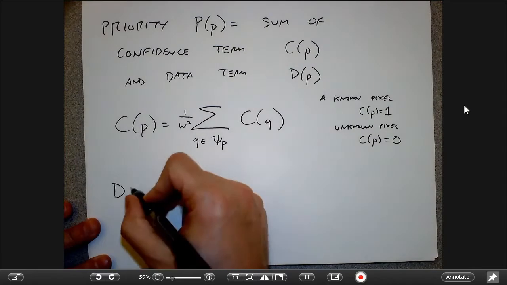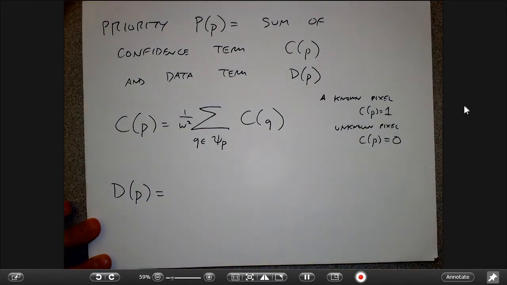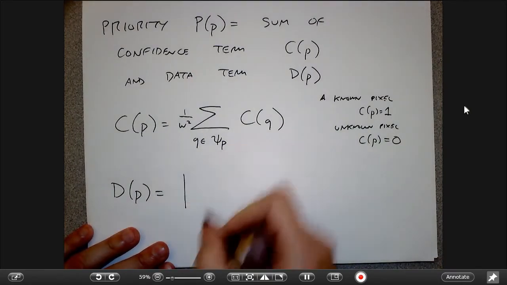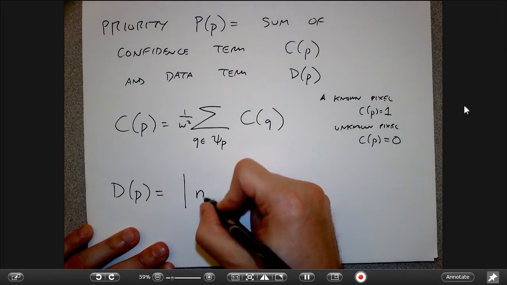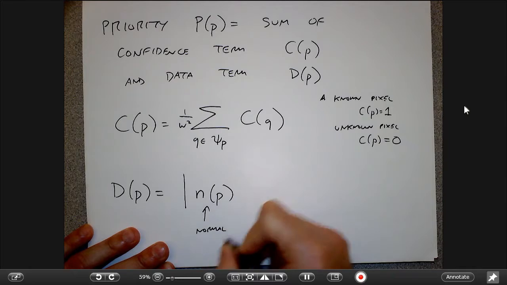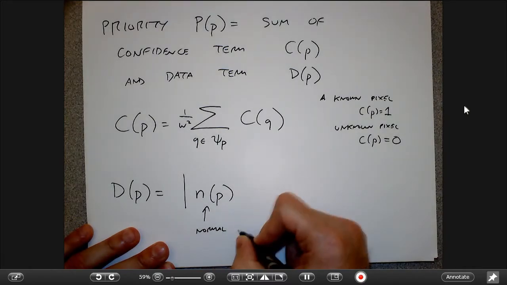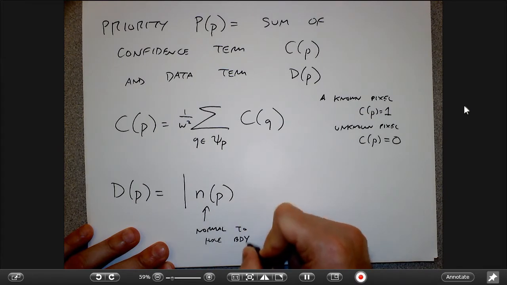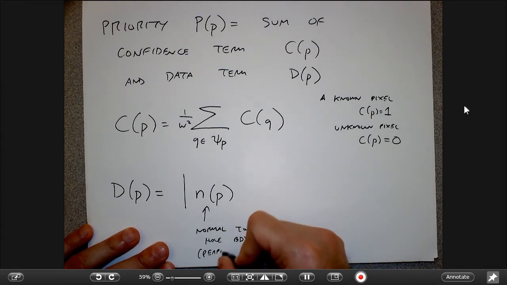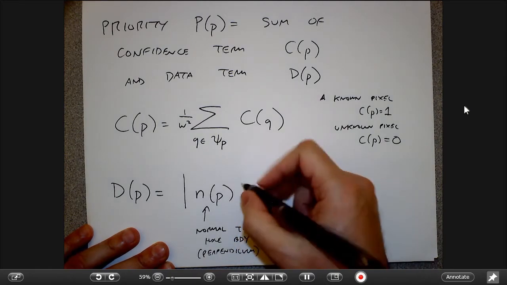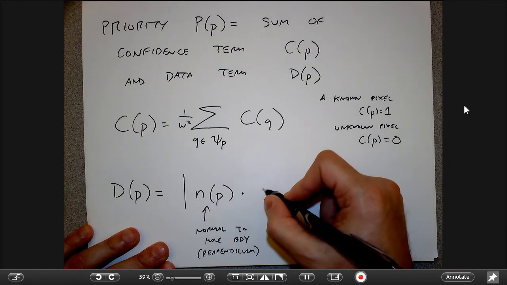And the data term basically says that what I want is the absolute value of the normal to the hole boundary, right? That's the vector perpendicular to the hole boundary, dotted with the gradient direction.